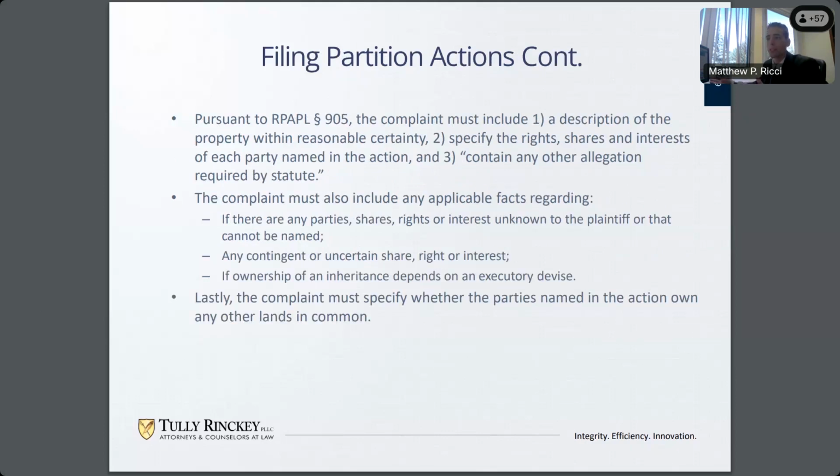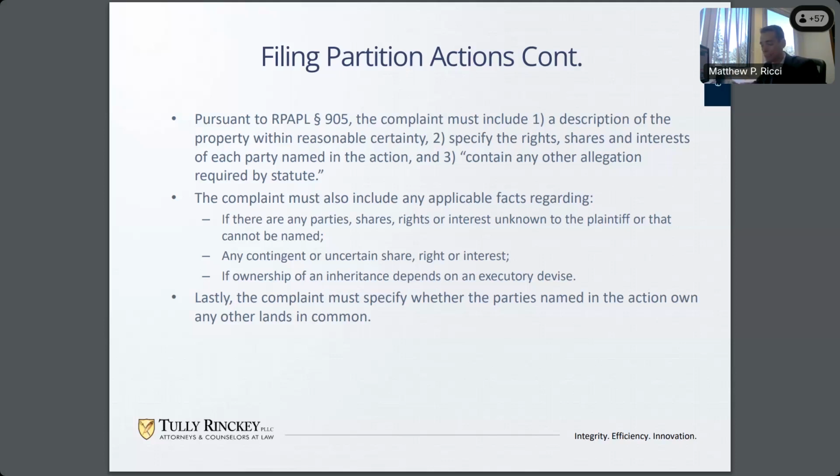So, filing partition actions continued. Again, Section 905 covers what must be contained within the complaint. A basic complaint must include: 1, a description of the property with reasonable certainty; 2, it must specify the rights, shares, and interests of each party named in the action; 3, it must contain any other allegation required by statute.